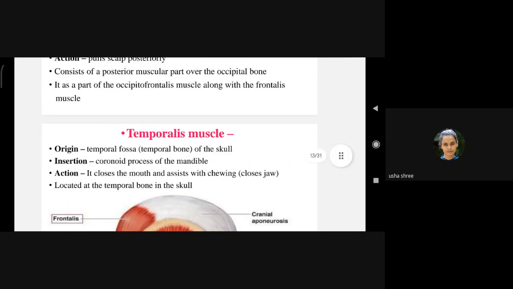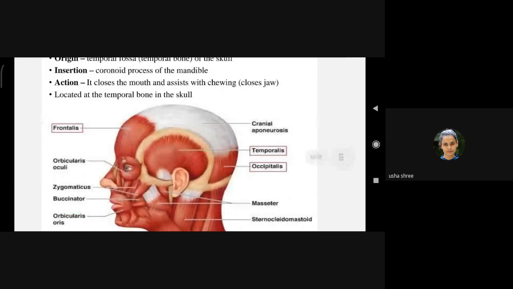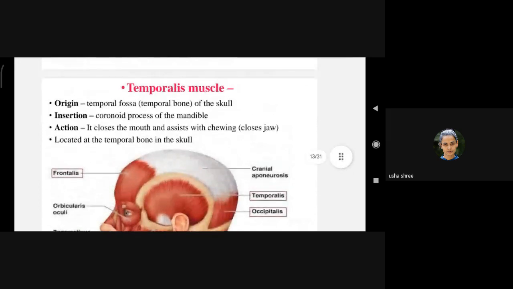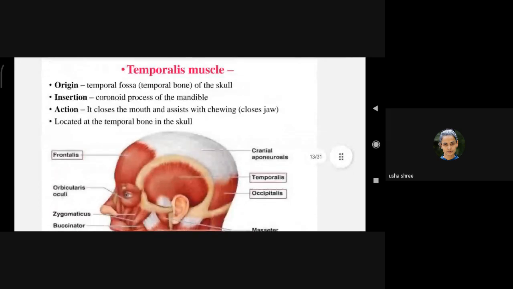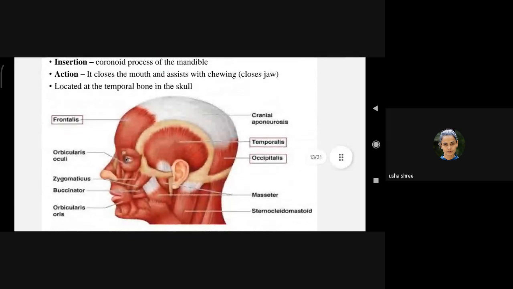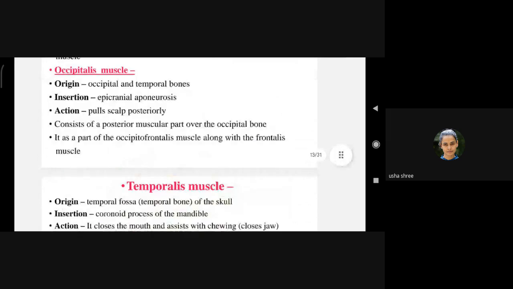It originates from below and inserts into the epicranial aponeurosis. Now, the action: it pulls the scalp posteriorly, meaning from the back of the head it pulls our scalp.